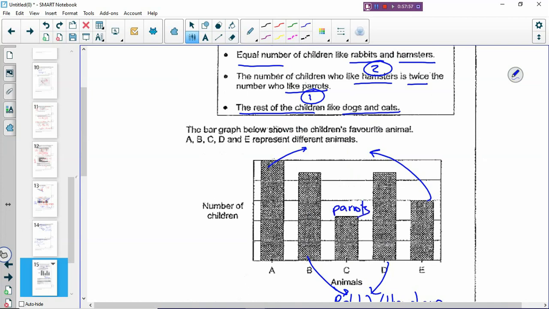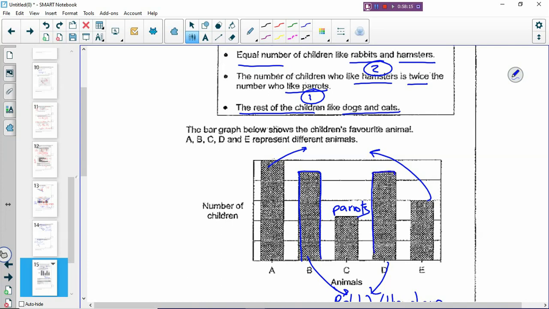Because the children who like hamsters, which is either animal B or animal D, look at the rectangle that you see over here. Animal B could be hamsters or could be rabbits, we are not sure.